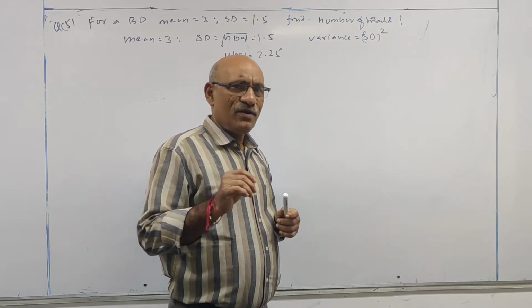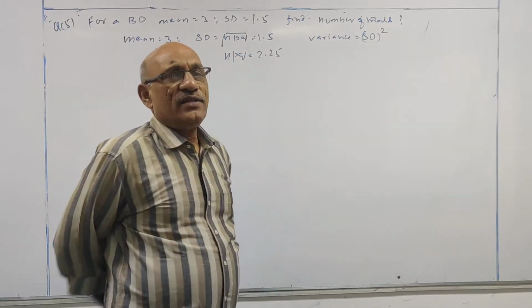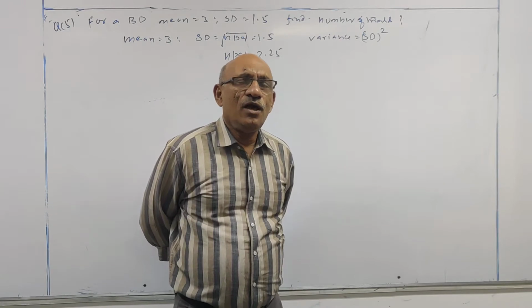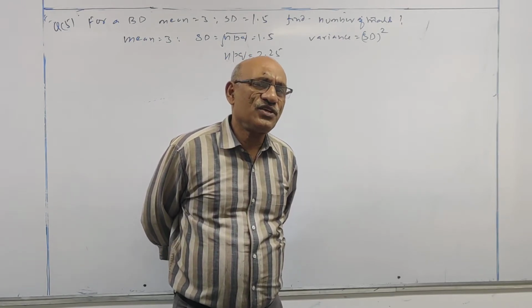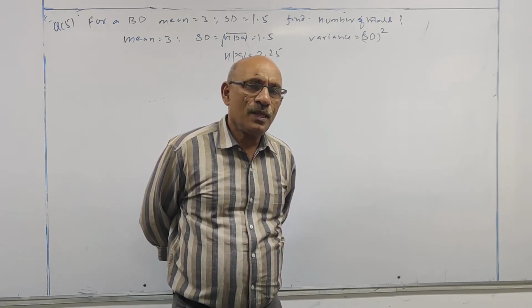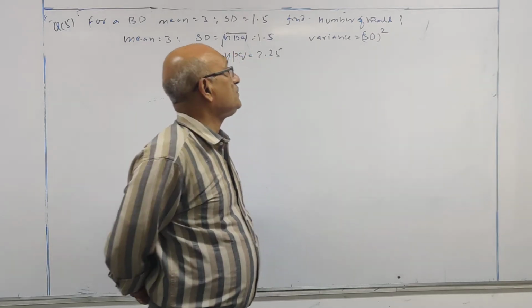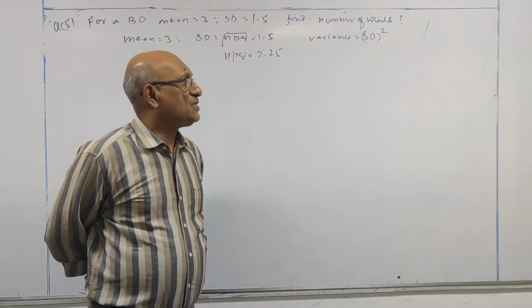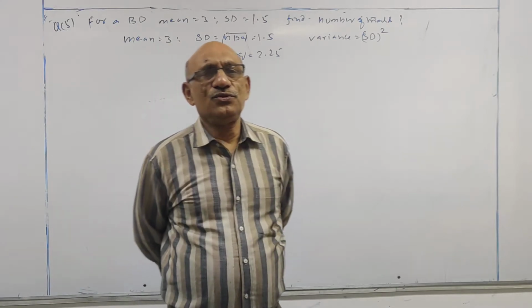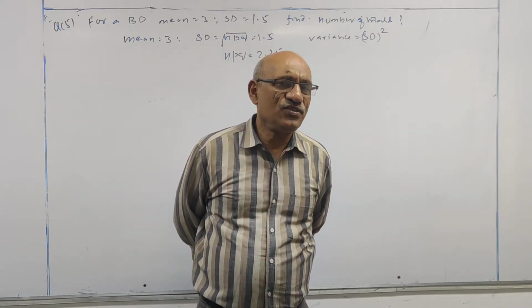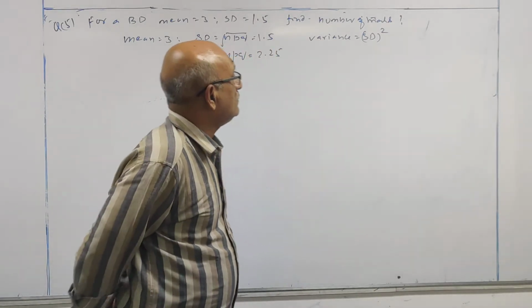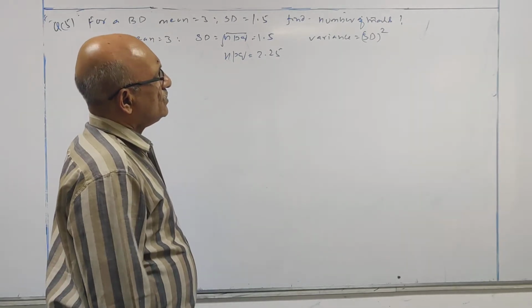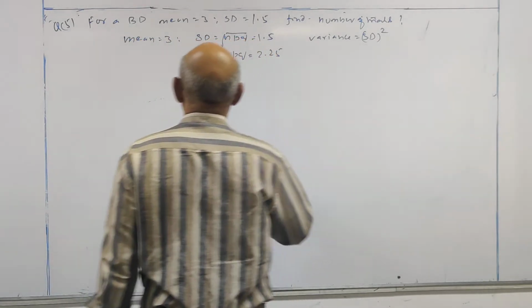In brief, I'm giving an idea. Variance is a statistical tool which is used to study the consistency of the data. So variance is equal to standard deviation square.